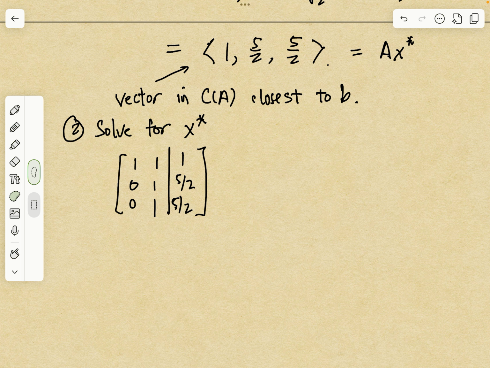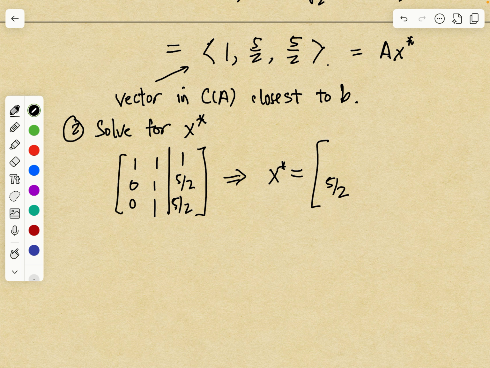And so you see that the second component is going to be 5 over 2. And then the first component plus the second component has to equal 1. That's what this first equation tells you.